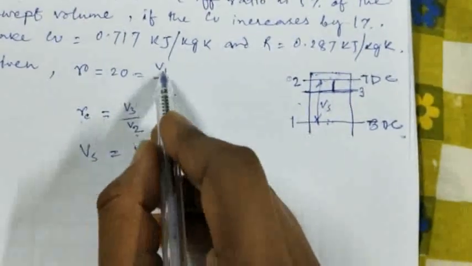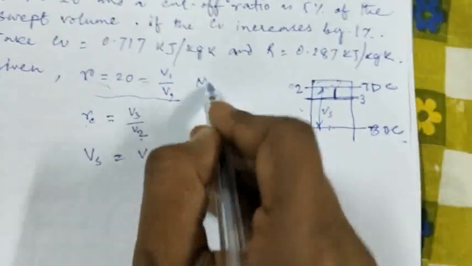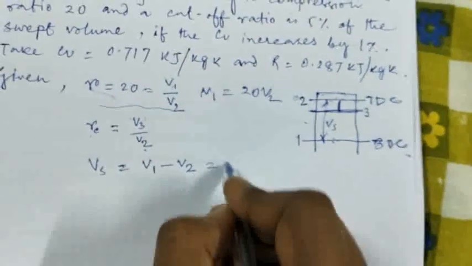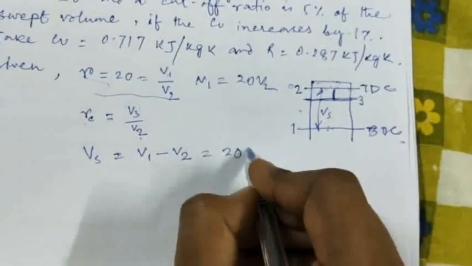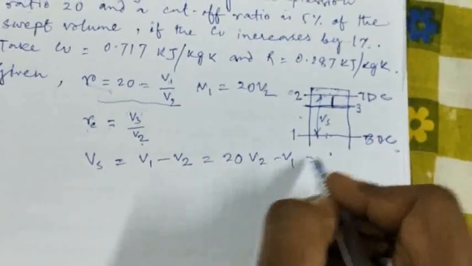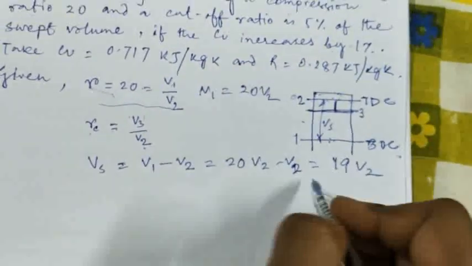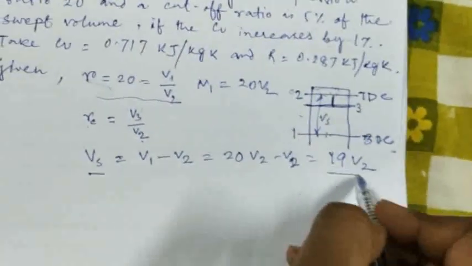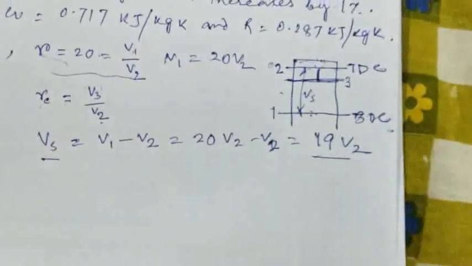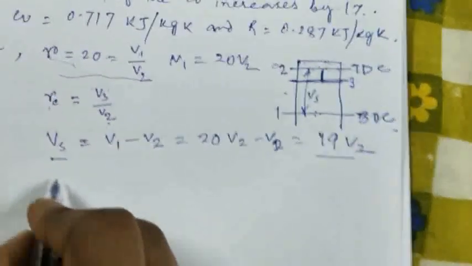We know V1 equals 20 V2, so Vs equals 20 V2 minus V2, that means 19 V2. So the swept volume is 19 times the clearance volume of the cylinder.